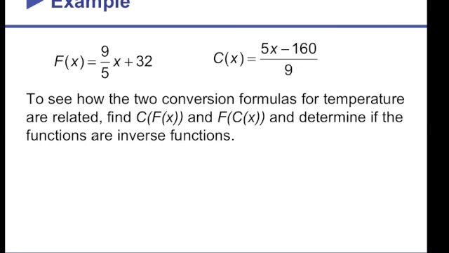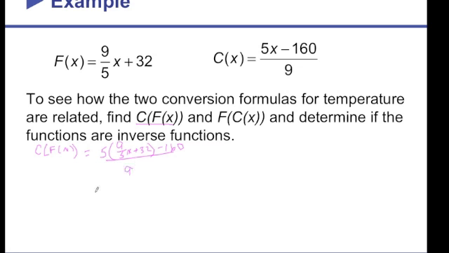So first, finding c of f of x. That means we're going to start with c, and in place of the x, we're going to put f of x. So c of f of x would be (5 times (9/5 x plus 32) minus 160), all divided by 9.